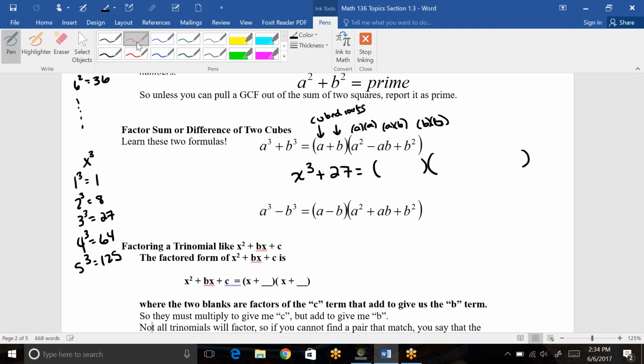There's a way to remember your signs here, because if you notice, these are very similar formulas, just one of them has the negative in the trinomial, the other one has the negative in the binomial. The way you remember the signs is a nice little phrase called SOAP. SOAP stands for same as the original, opposite to the original, and always positive.